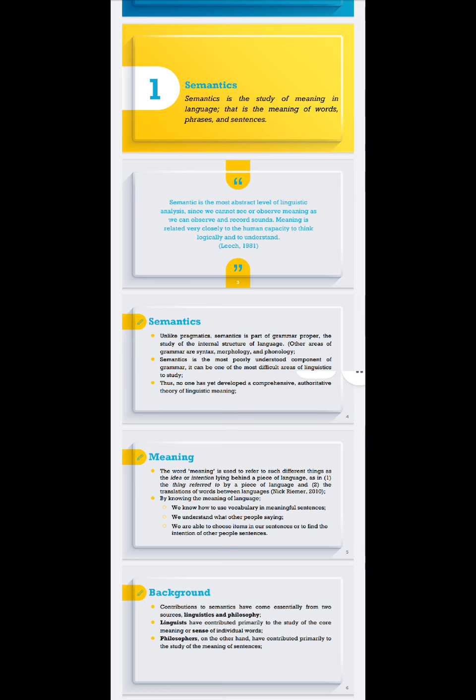And the next, meaning. The word meaning is used to refer to such different things as the idea or intention lying behind a piece of language, a thing referred to by a piece of language, and the translation of words between languages.